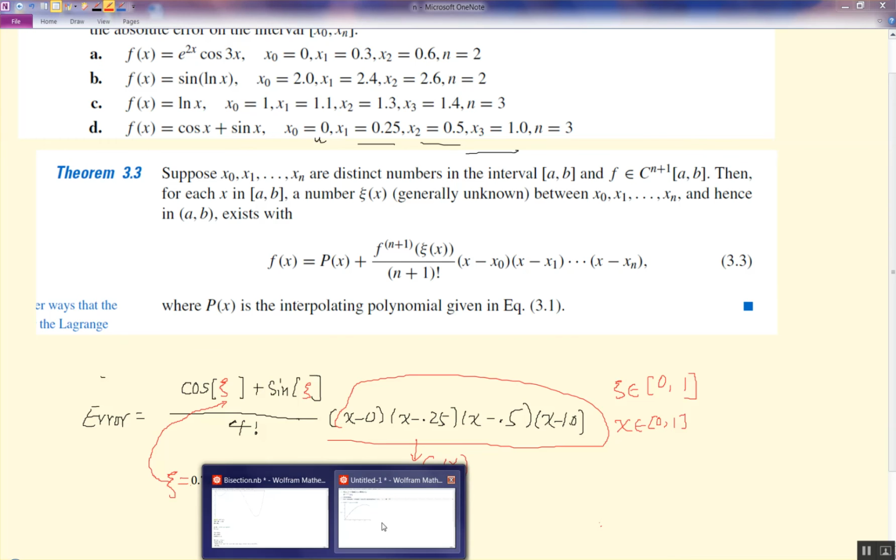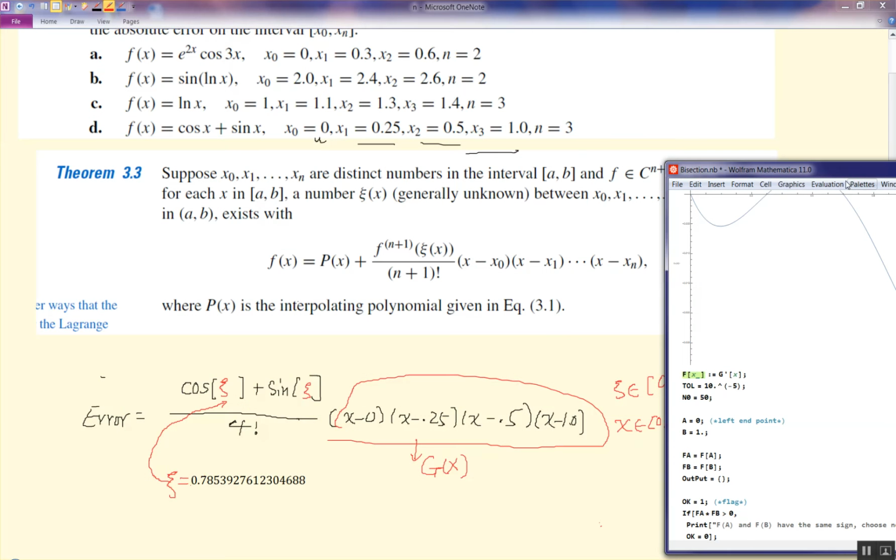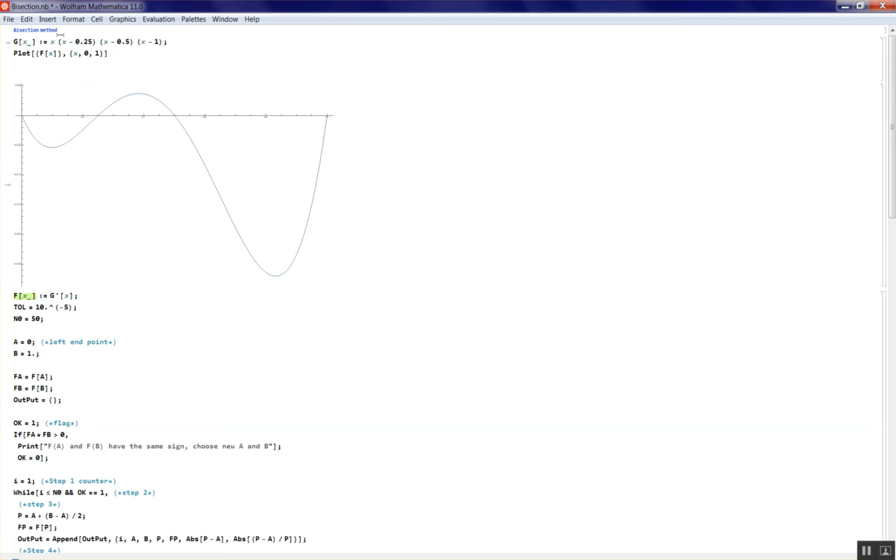Again, back to my bisection method. I define my g right here, and my f is g prime, and I need to solve for that. By the way, let me show you the plot of g prime, the derivative.